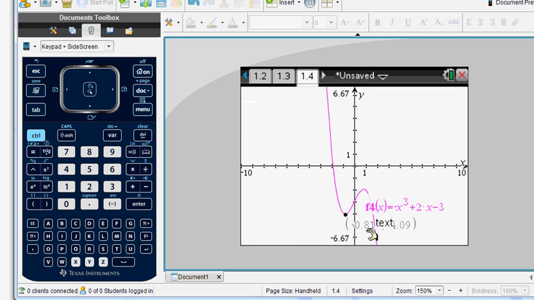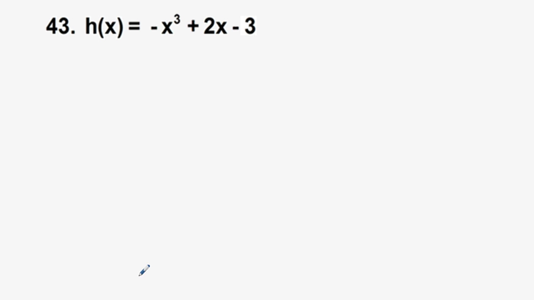So we have our minimum, and this is 2 decimal places, that's going to be convenient. Our minimum of negative 4.09 at x equals negative 0.816, and to 2 decimal places that's negative 0.82.